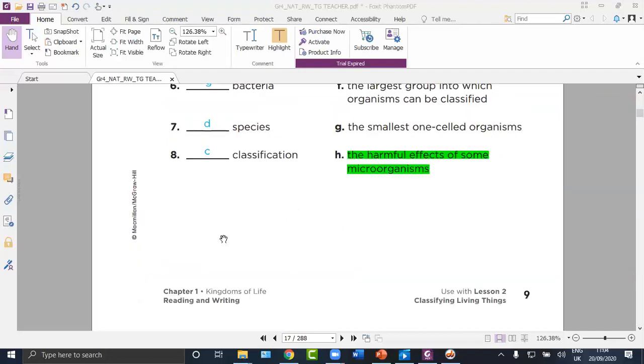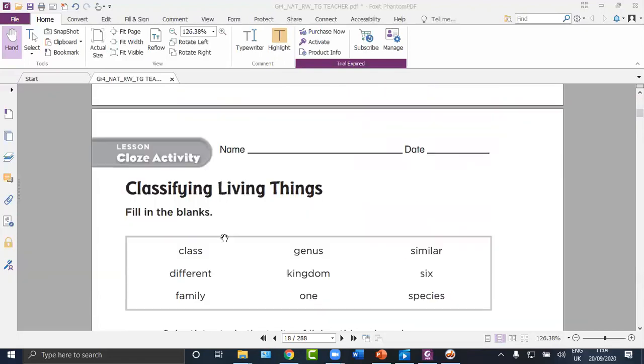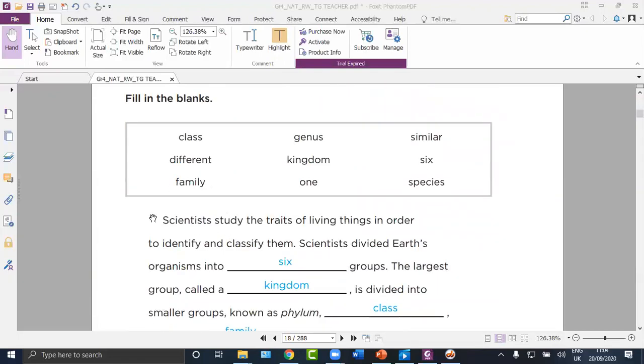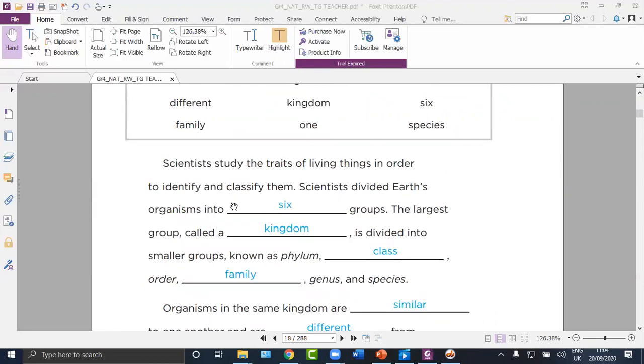Number 10. Scientists study the traits of living things in order to identify and classify them.